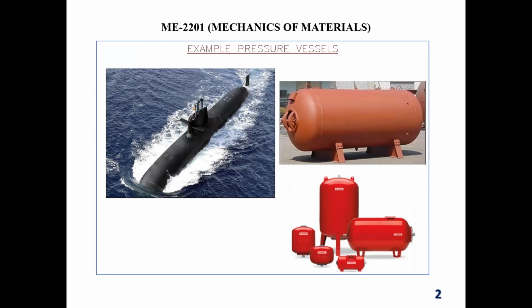So you design something to save people's lives, but due to your mistake, people died, right? So it is extremely important to design a product safely. That means you need to make sure that your product will not fail during operation.